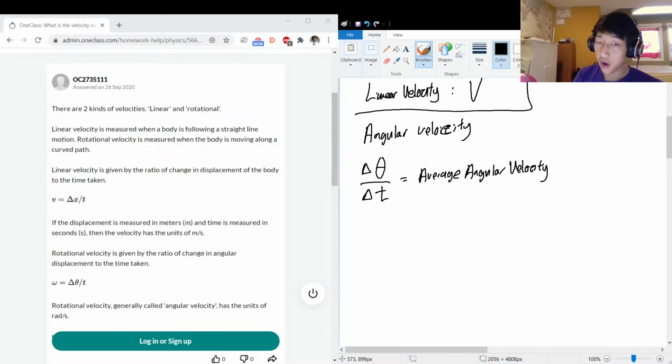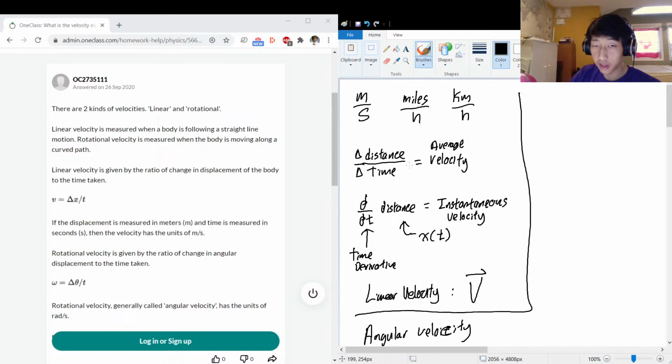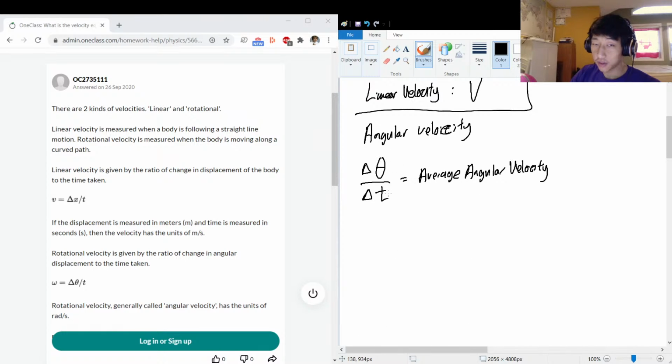Exactly similar to how in our linear version we have change in distance over change in time, we have change in angle versus change in time.